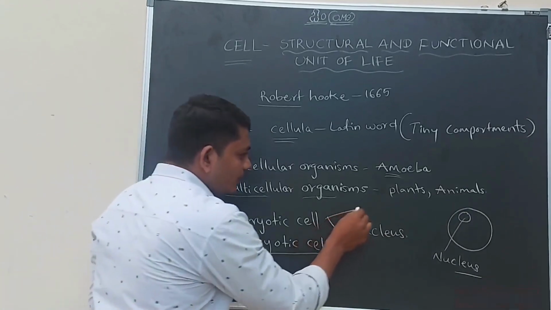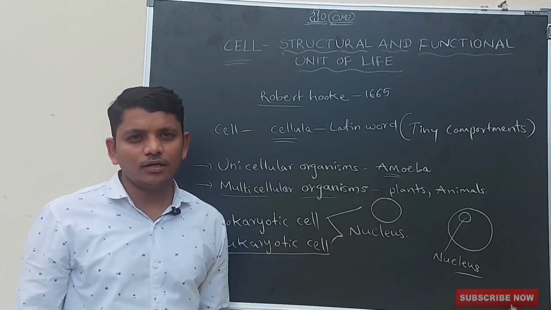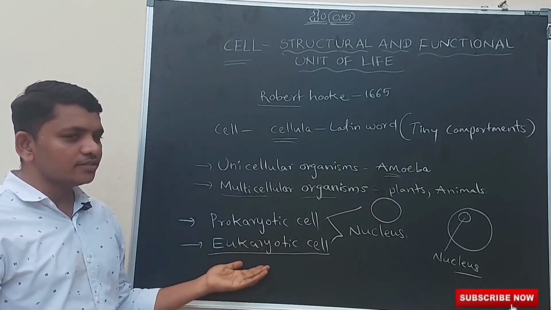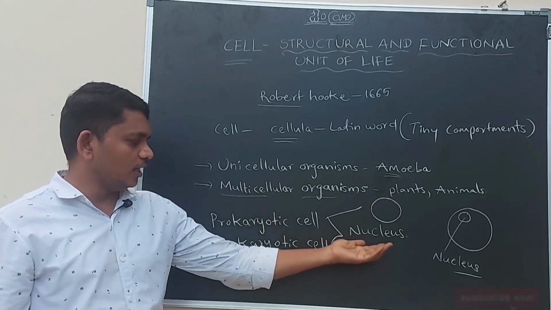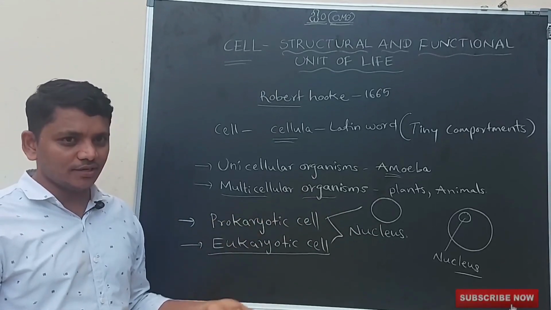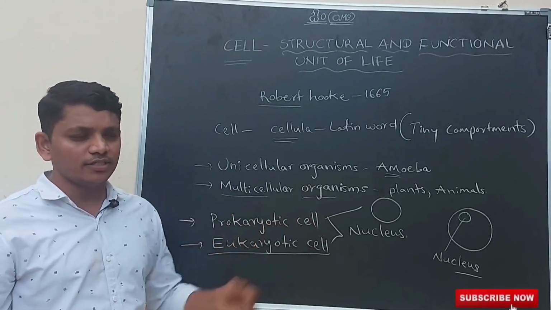If there is no nucleus in the cell, it is called a prokaryotic cell. Here we are classifying the cells on the basis of the presence of the nucleus. If the nucleus is present, it is a eukaryotic cell. If there is no nucleus, it is a prokaryotic cell.